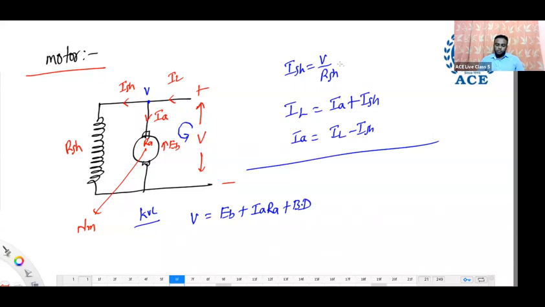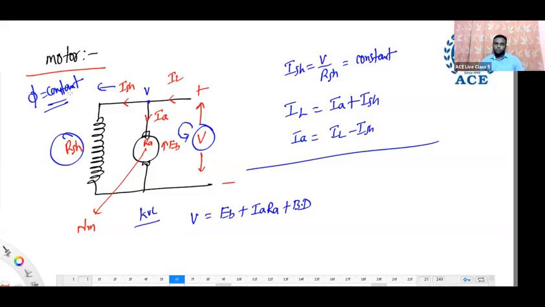What is the field current of a shunt motor? Always constant, yes. Why? Supply voltage is constant, resistance is constant, so ISH is constant. When ISH is constant, the flux in the motor is also constant. That's why the DC shunt motor is also a constant flux device, like the separately excited motor.